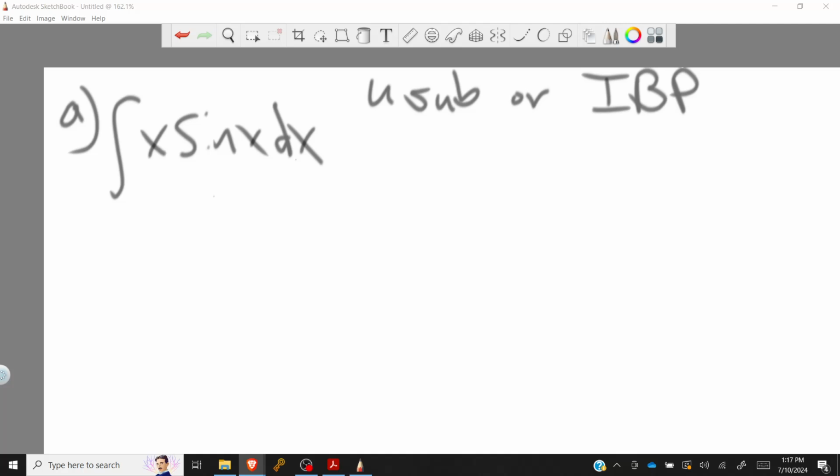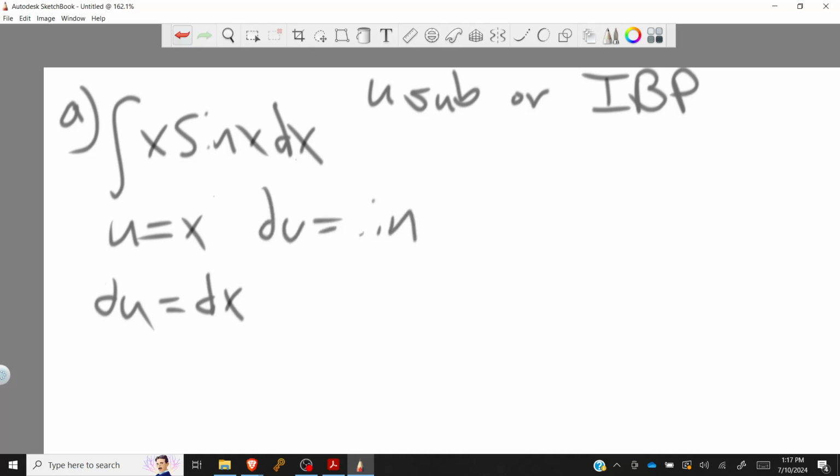So for me, I would integrate by parts and have u equal to x and du equals dx. This is just a first degree term, so that'll be really easy, and I know that it'll only take one time. So then dv would be equal to sine dx, and v would be equal to negative cosine.